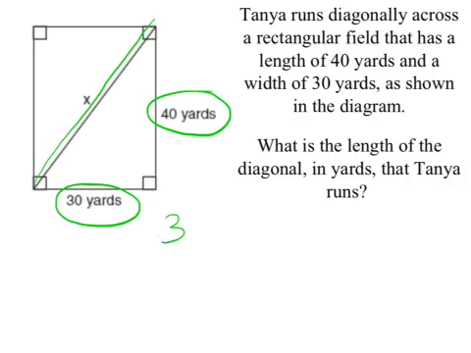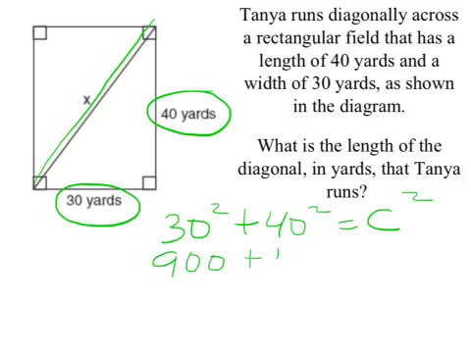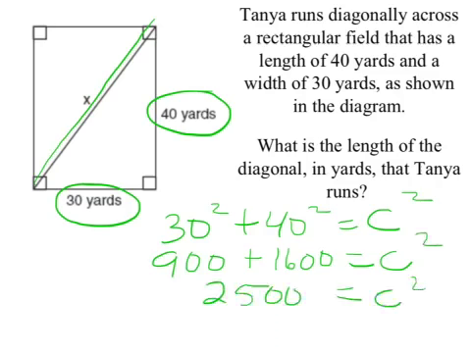So if I do 30 squared plus 40 squared, I should get the hypotenuse squared, or c squared, using the Pythagorean theorem. So 30 squared is 900, 40 squared is 1600. Together those equal 2500. And the square root of that, or the distance from corner to corner, is going to be 50.